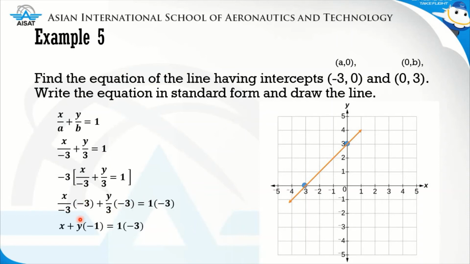So we'll have x plus y, and canceling 3, this leaves you with negative 1. So you have plus y times negative 1 is equal to 1 times negative 3. Simplifying it further, we'll have x minus y is equal to negative 3. And this is the standard form of the equation of the line.